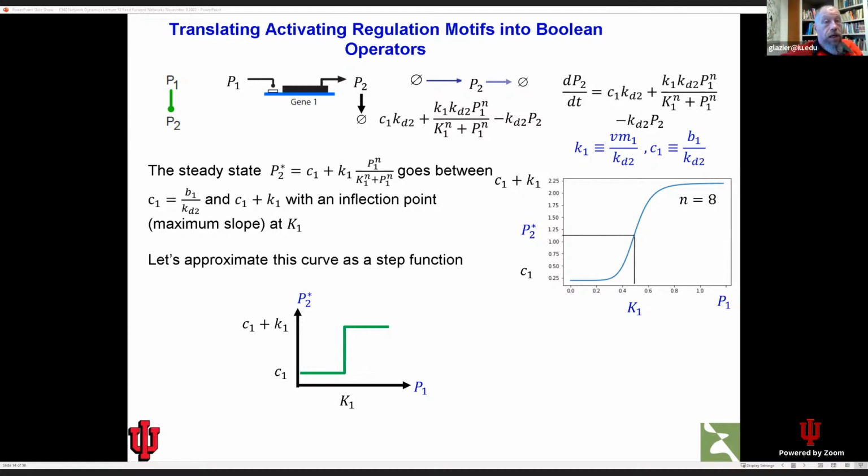And if we're used to doing logic analysis, because we do logic or we do computing, then we tend to be more comfortable or familiar with doing AND and OR gates than we do with the mathematics, so therefore it may be for some people an easier way of dealing with this. And so we can imagine that there's an abstraction of this Hill function, which is just if P1 is less than K1, we have a low value. If P1 is bigger than K1, we have a high value.